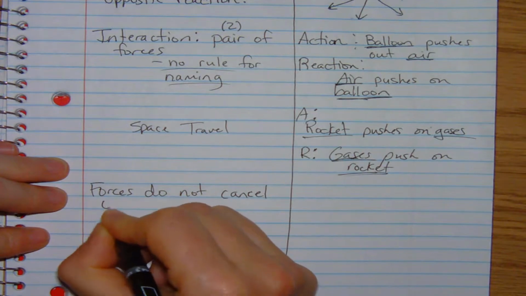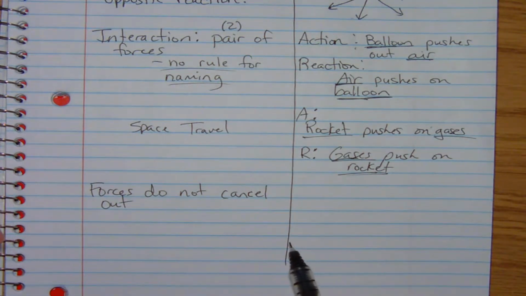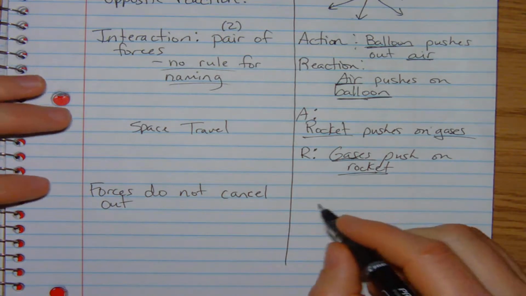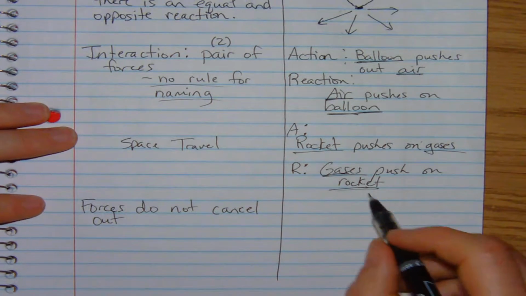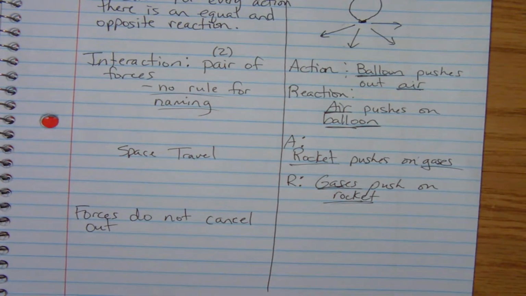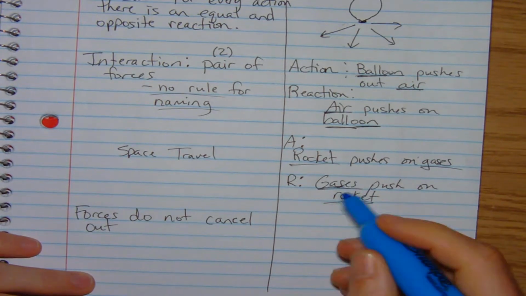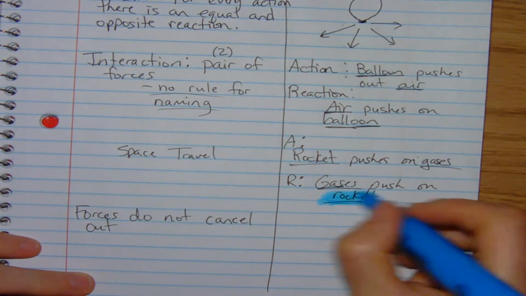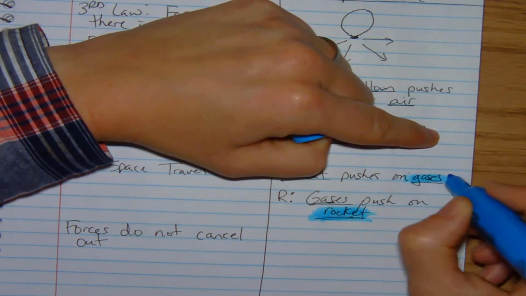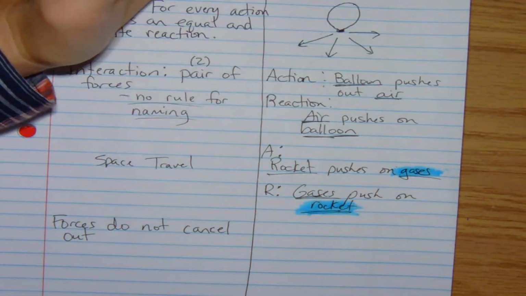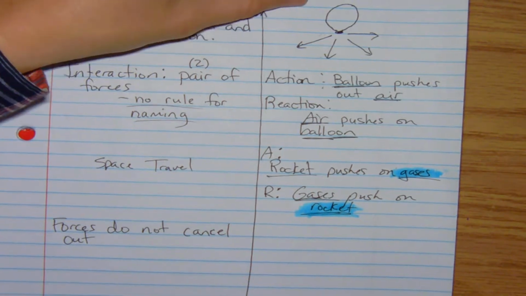We are not calculating net force here. What we're looking at now is what these forces are pushing on. The gases are pushing on the rocket. The rocket is the object in this one that's being pushed on. The rocket is pushing on the gases. Those are different things. I know that sounds silly, but those are different objects.